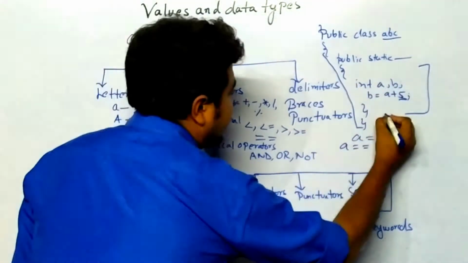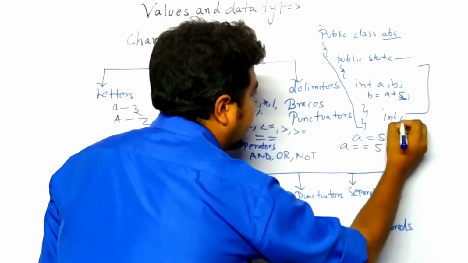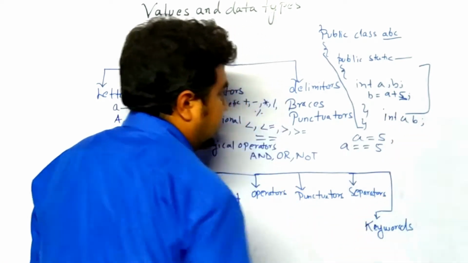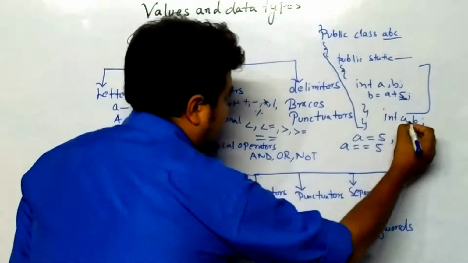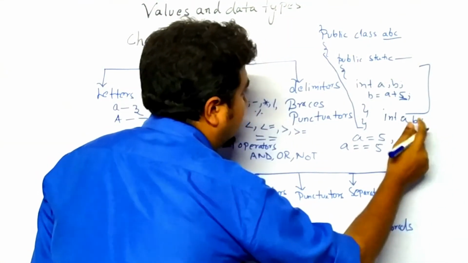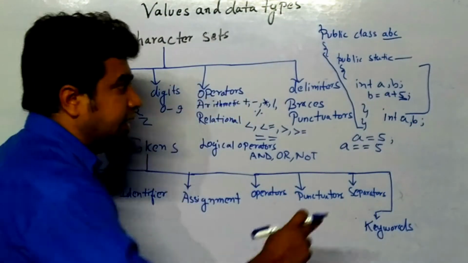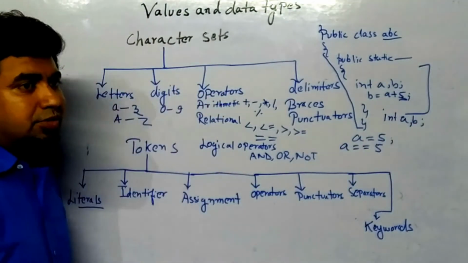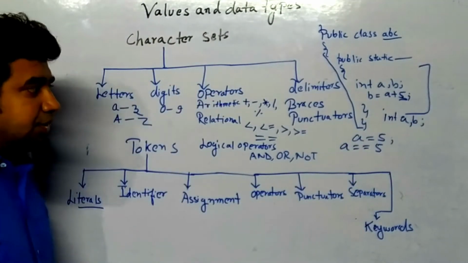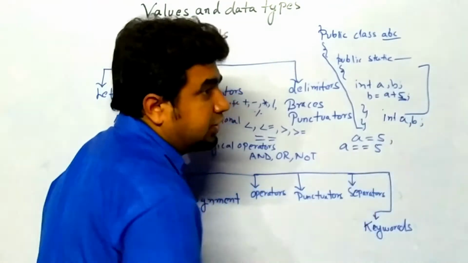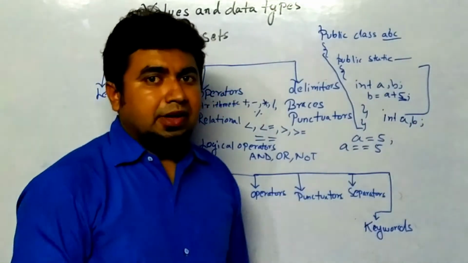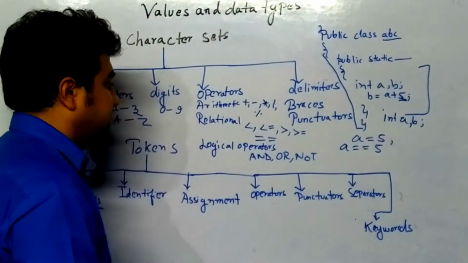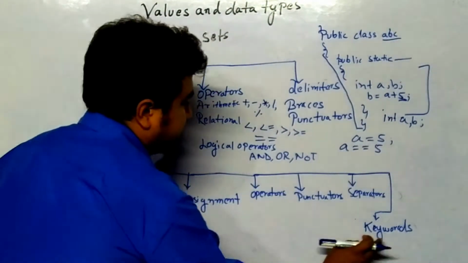If you write int AB, it will treat AB as a single variable. If I write A comma B, then it treats A and B as separate variables. Means comma is used as a separator. Semicolon is used as a line terminator. In English we use a full stop; in computers we use a semicolon. Then separators we have discussed.